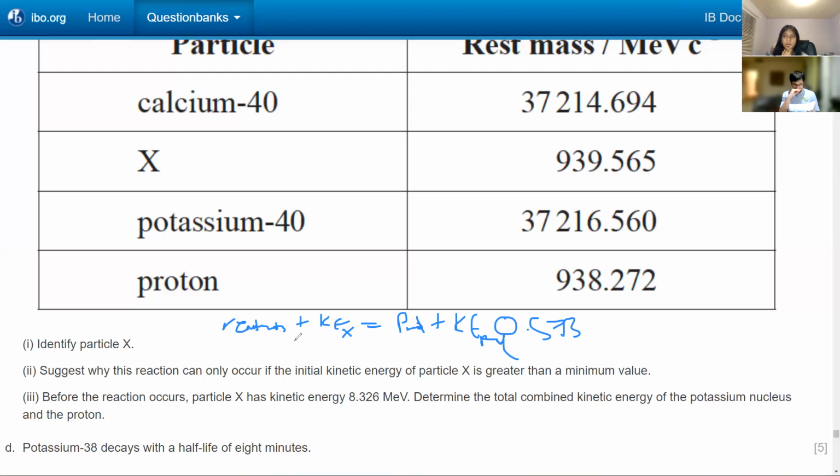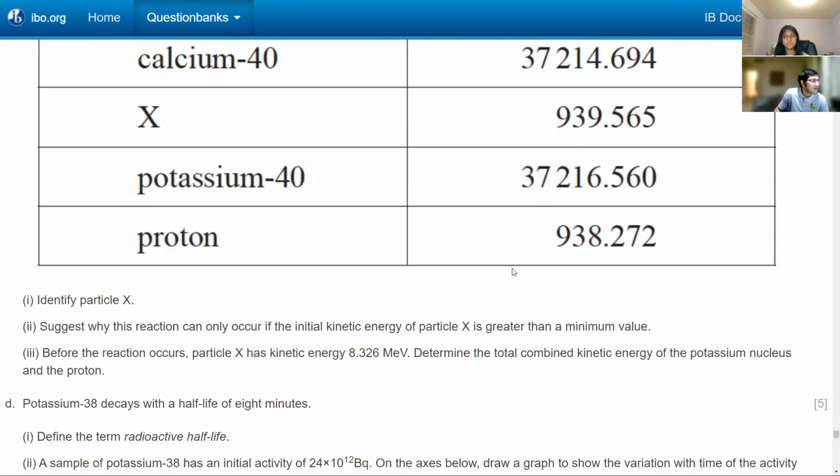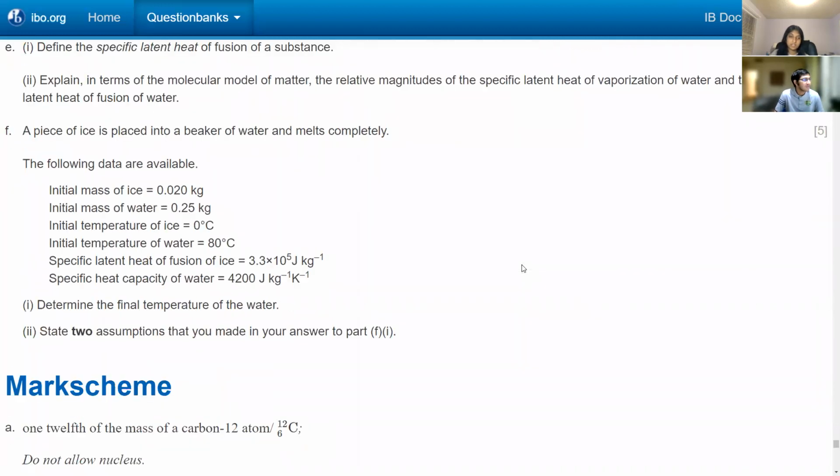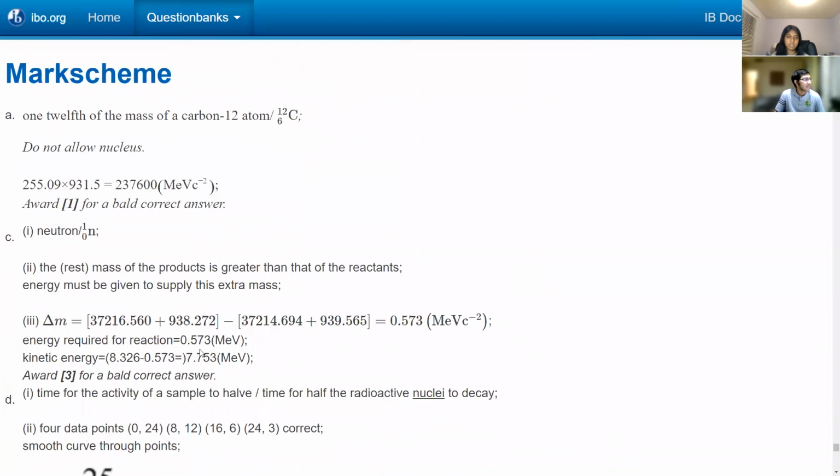I don't remember the exact question, so I can't really answer that, but I can explain it for this one. Oh, because energy released is negative. Could be. Anyways, did we even figure this out? What was the answer that you said? 7.753. Yeah, that's correct.